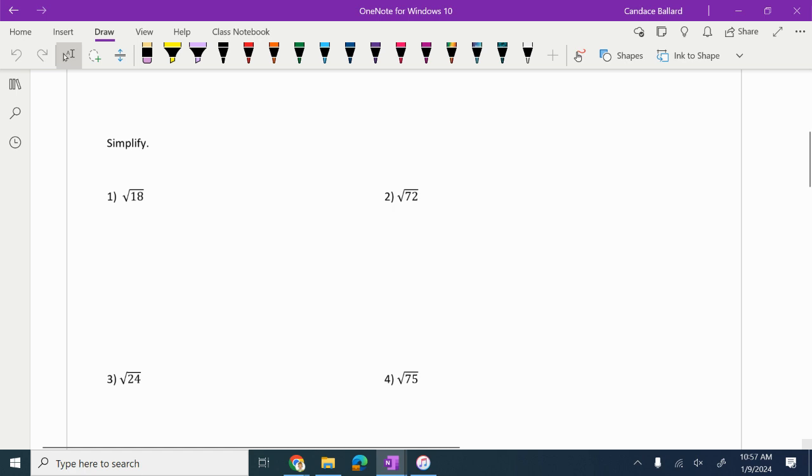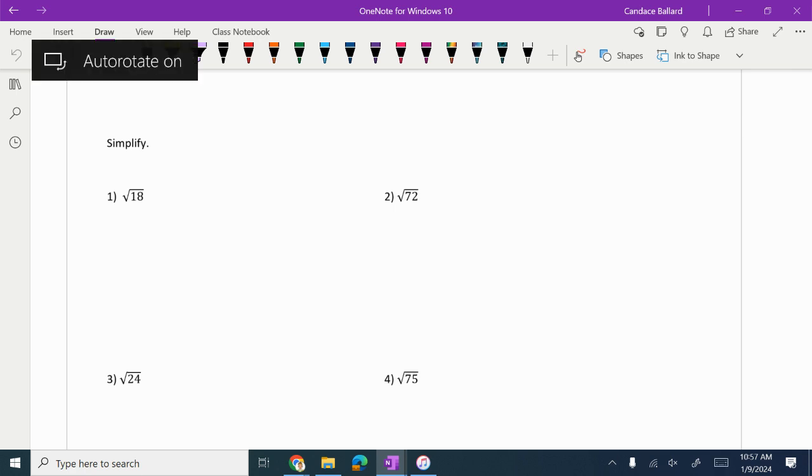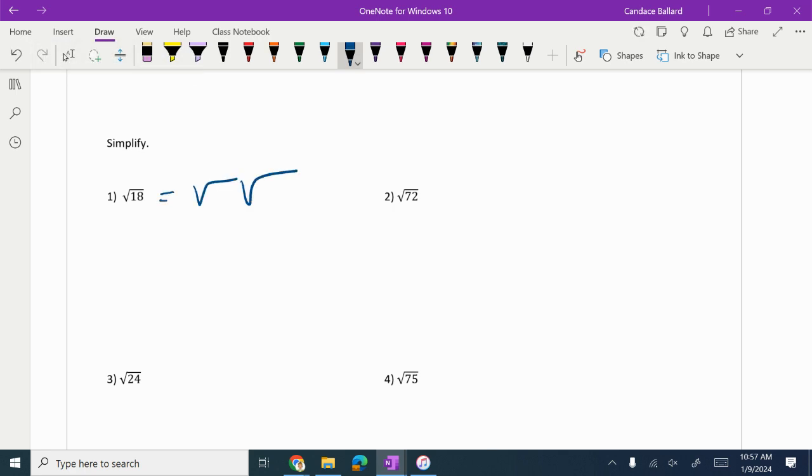All right, so I do this by using my square numbers. And you know that those lists are up there the entire time. So I'm going to be looking for something that is in this center column. Those are the square numbers. And I am going to try to put the biggest one in my first square root. So I'm going to break this into 2 square roots.